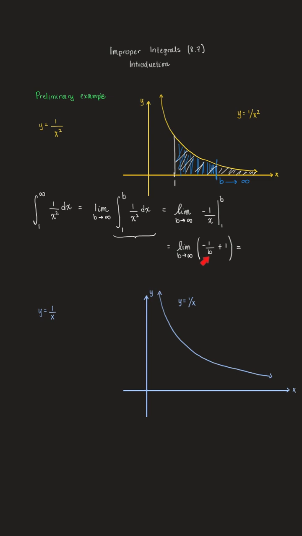The larger b gets, the closer this expression will be to 0. So in the limit, that will be 0, and the value of this integral is 1. Because this is a finite value, we can say the area between the function and the x-axis gets arbitrarily close to 1, and we use a special term for that. We say that the integral converges to 1.